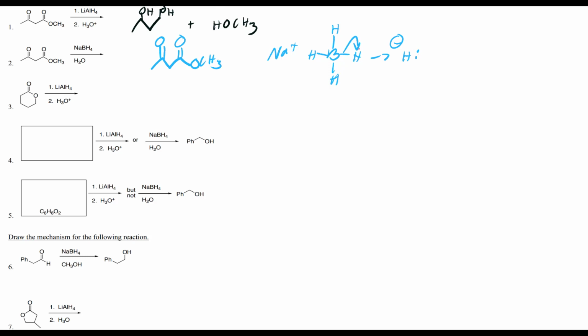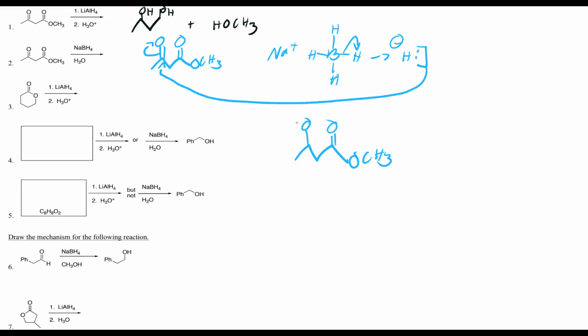And then this bond is going to break out towards the oxygen, making this carbon positive. The hydride is going to be attracted towards the positive carbon, and it's going to form this. So we formed an oxide right here, and we added a hydrogen, right? And then that's it. That's step 1.